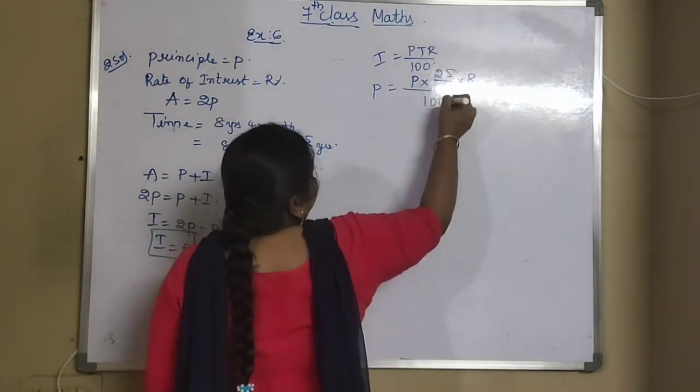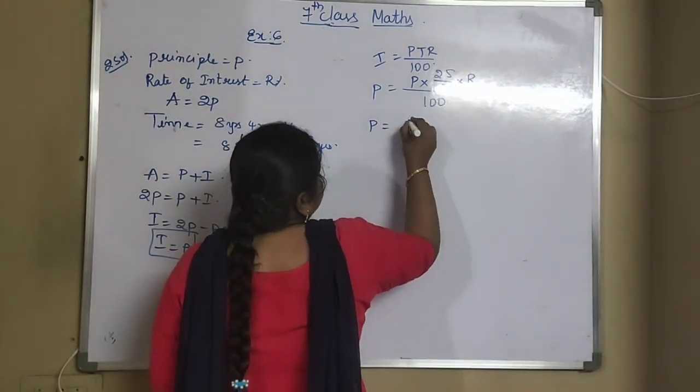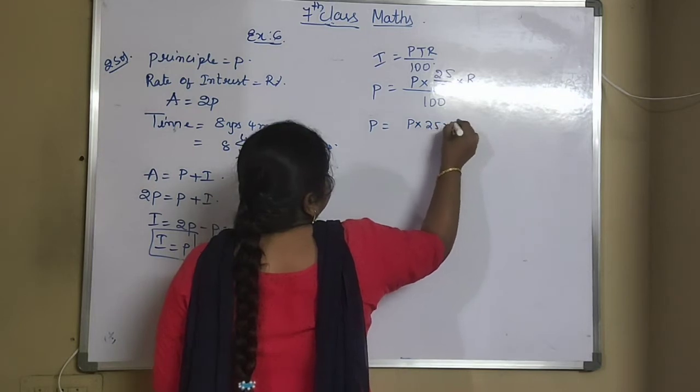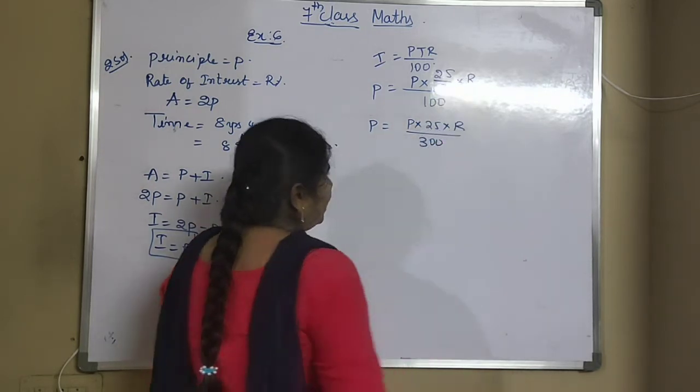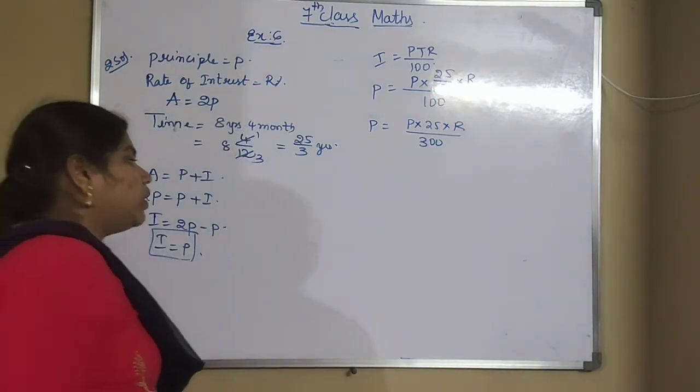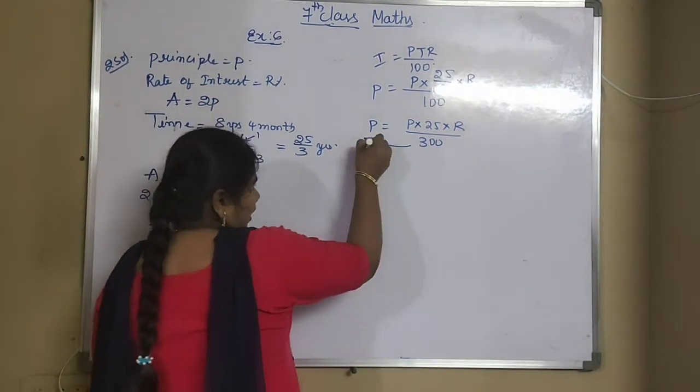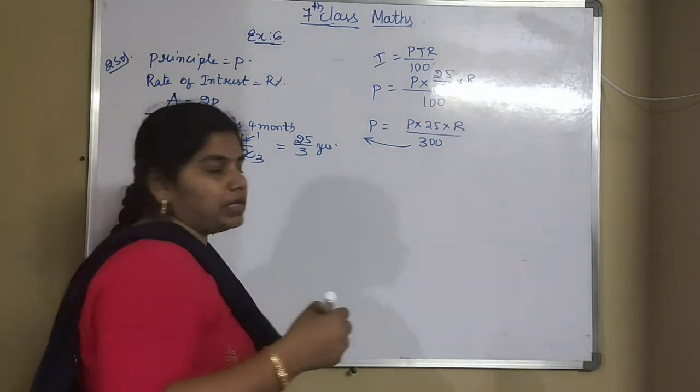Now I am sending this 3 to the bottom. So P is equal to P into 25 into R by 300, as 3 into 100 will be 300. Now I am sending this 300 to this side, so it will be converted into multiplication.